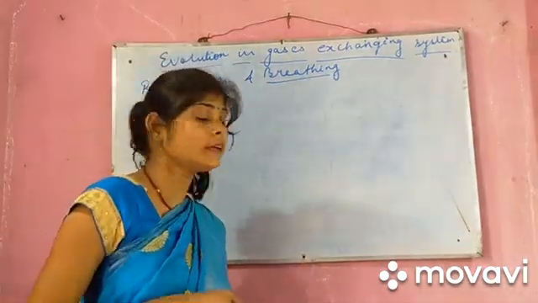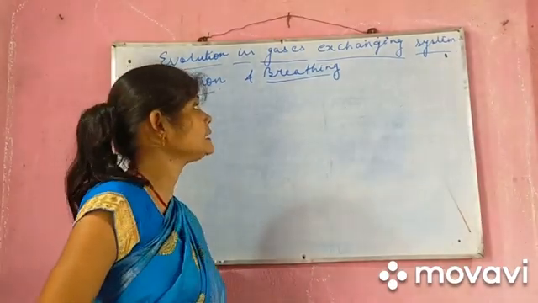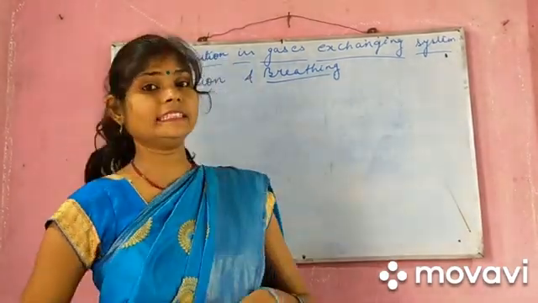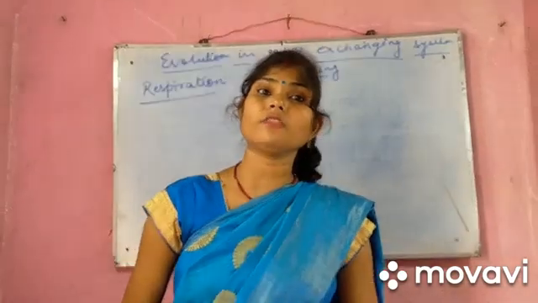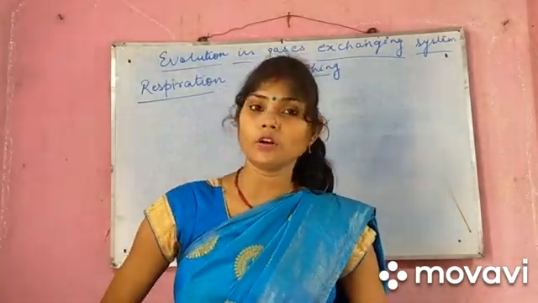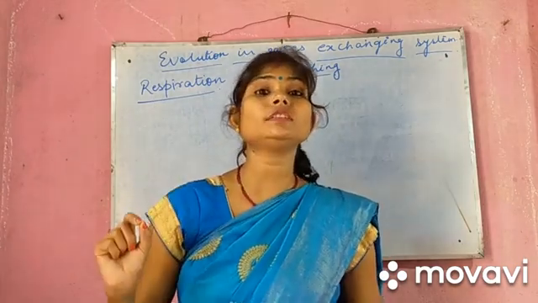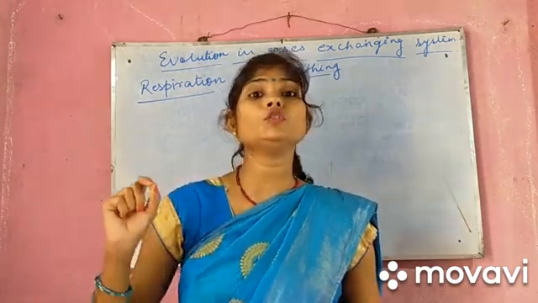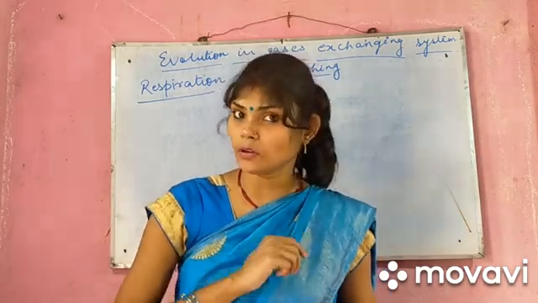So we'll come to our topic, that evolution in gases exchanging system. As I said, exchange of gas is a very common process. It's a very important process for all the living organisms. But it is not always the same in all the living organisms.